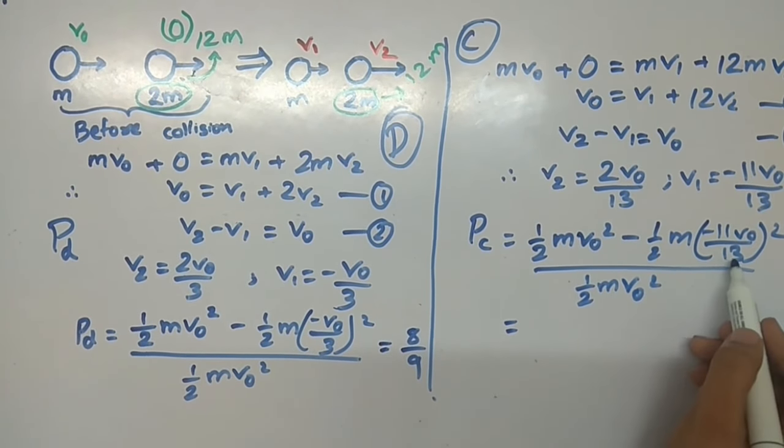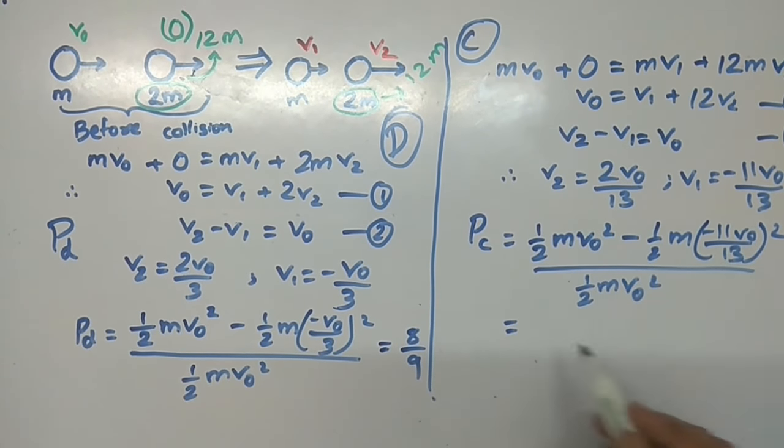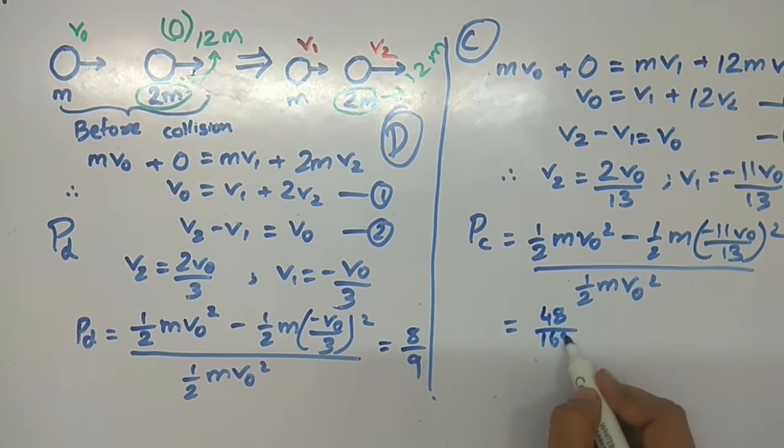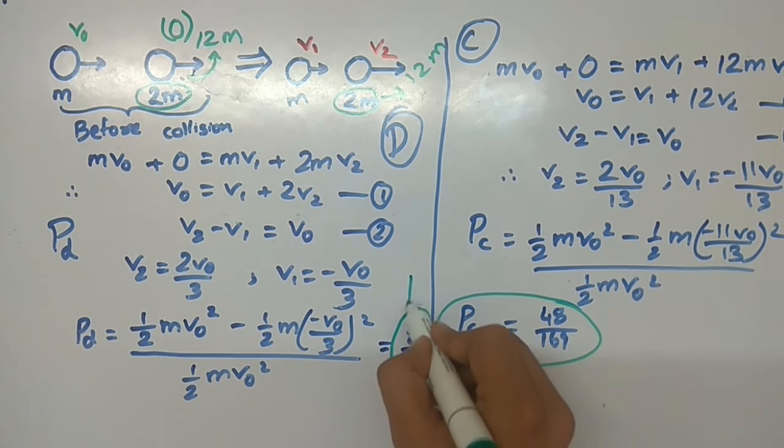So if we solve, this will be 13 square, 169. Half m will cancel. So finally we will get 48 by 169. So we have got the PC and PD. This is our PC and this is PD.